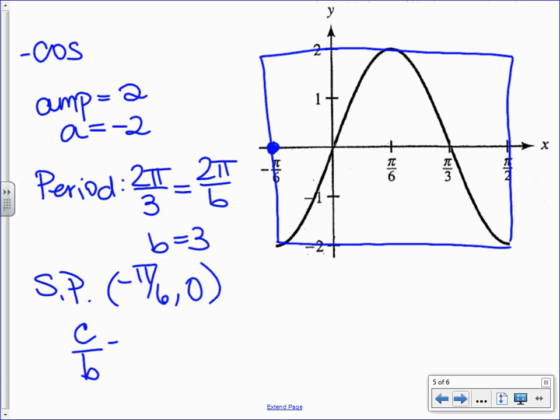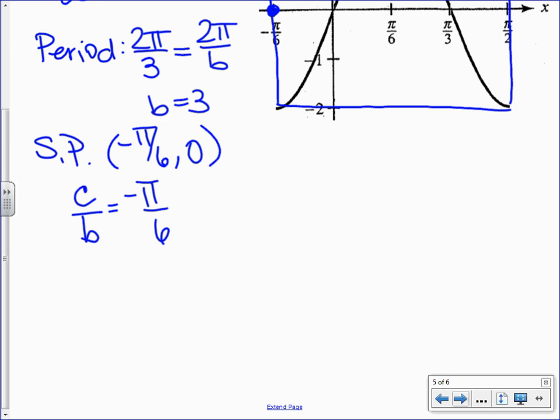So c over b should equal negative pi over 6. What is b though? We know b, don't we? B is 3. So if I multiply 3 over to this side, what does that make c? 1/2, right? Still negative. Okay.